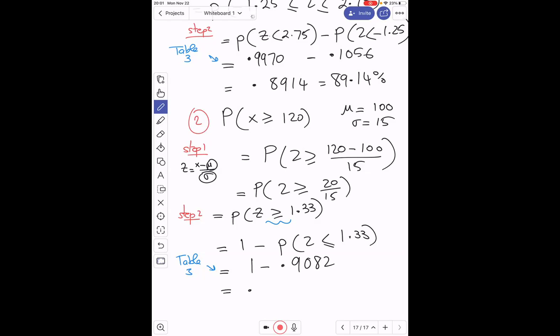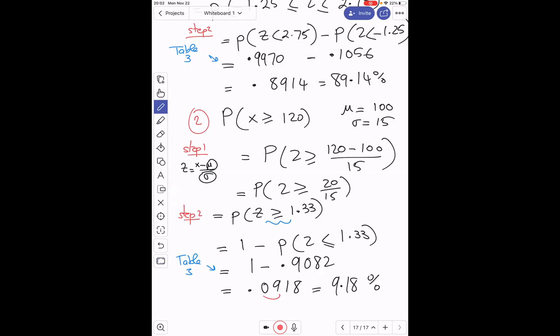So this is 1 minus 0.9082, which is 0.0918. So that's 9.18%. Okay. So that's for x larger than 120.